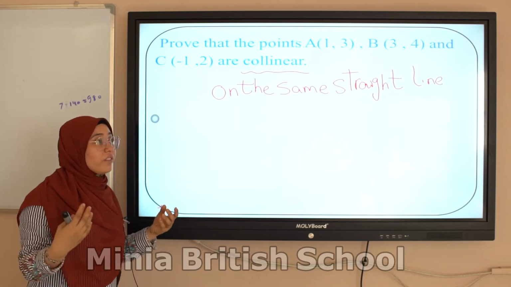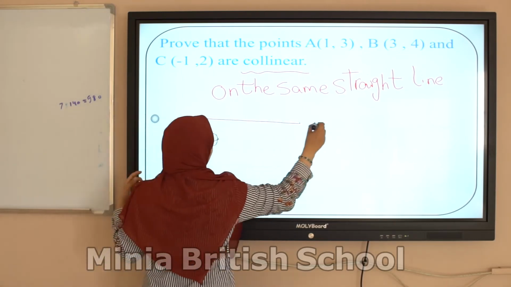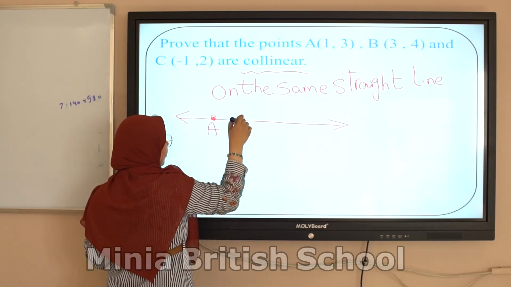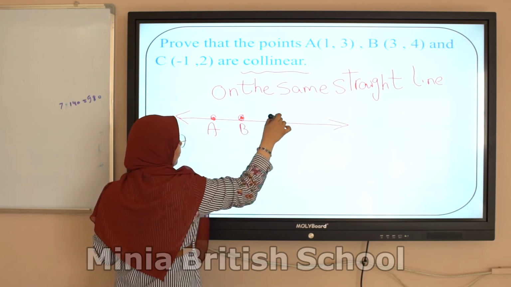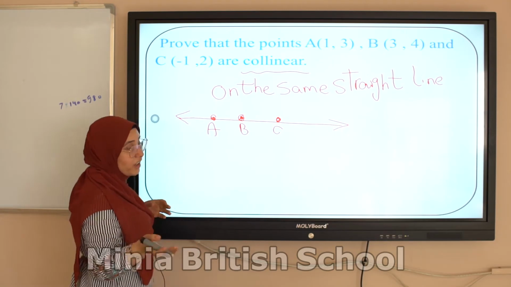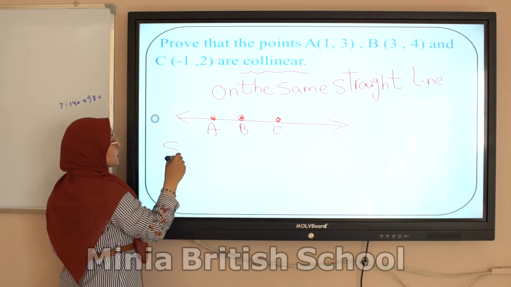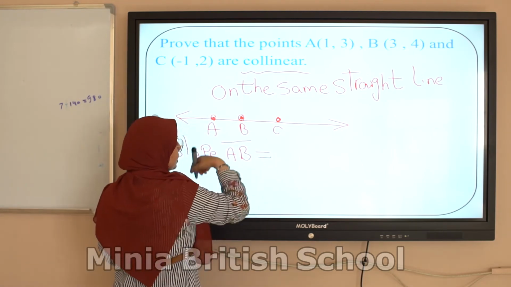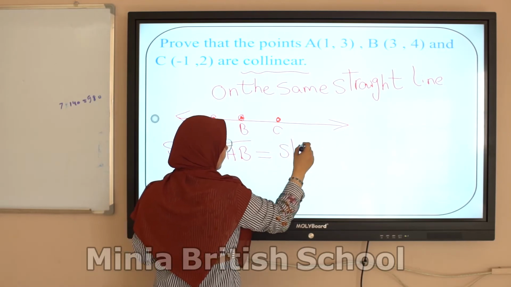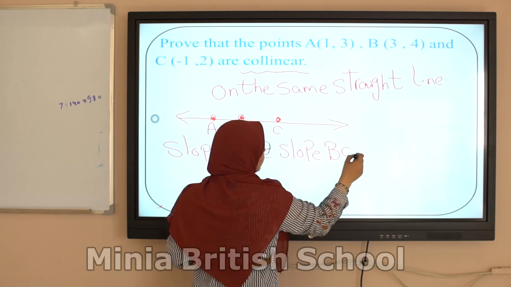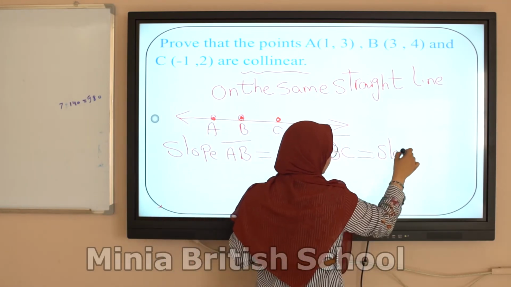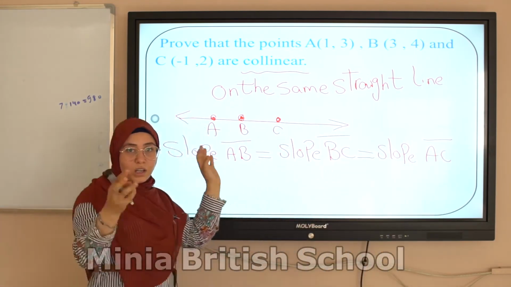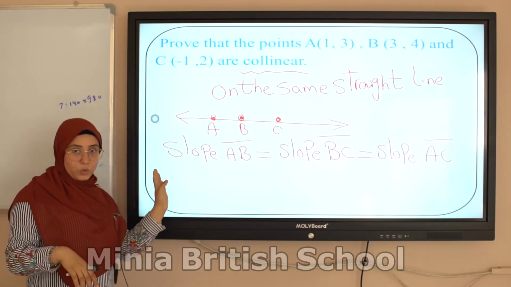So I have the straight line here, like this, and I have point A and point P and point C. So slope of AP equals slope of PC equals slope of AC. You can find the slope of any two line segments here.